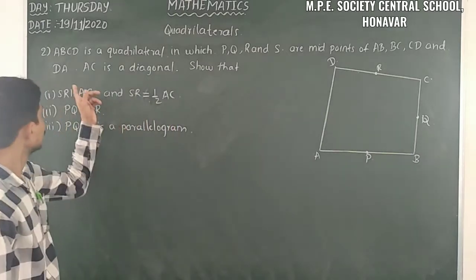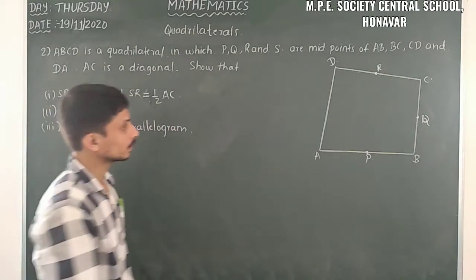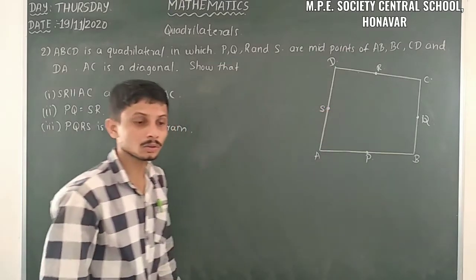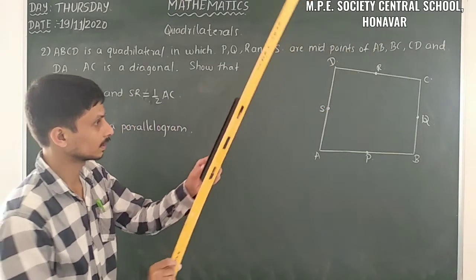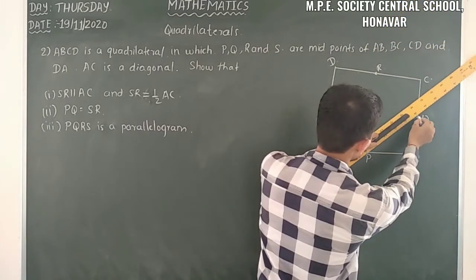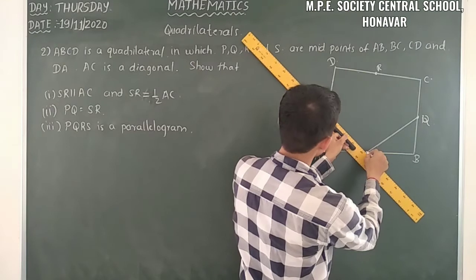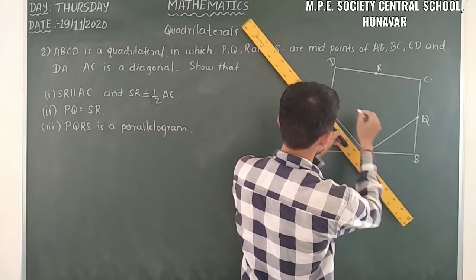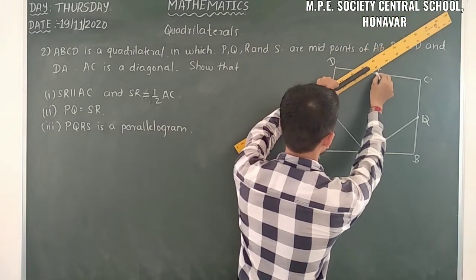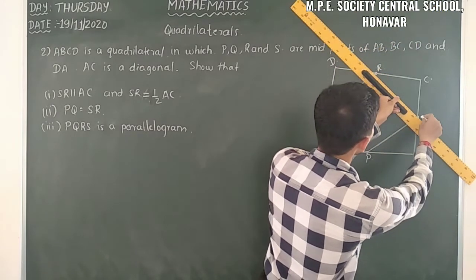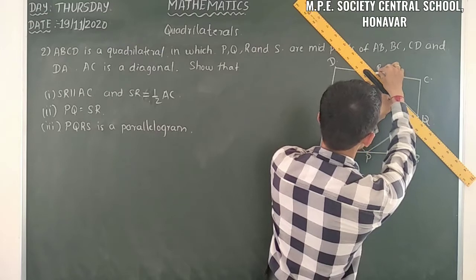Then S is the midpoint of DA. Then we have to join all these points. Here I will join PQ, and here PS. Then here SR, and then QR.